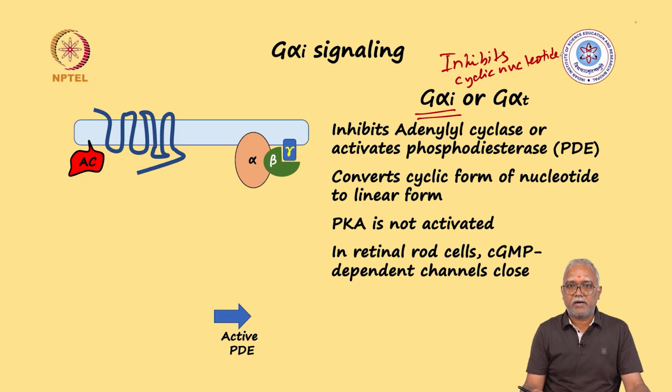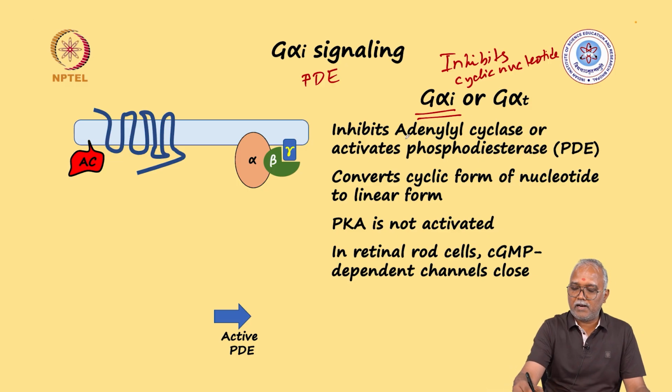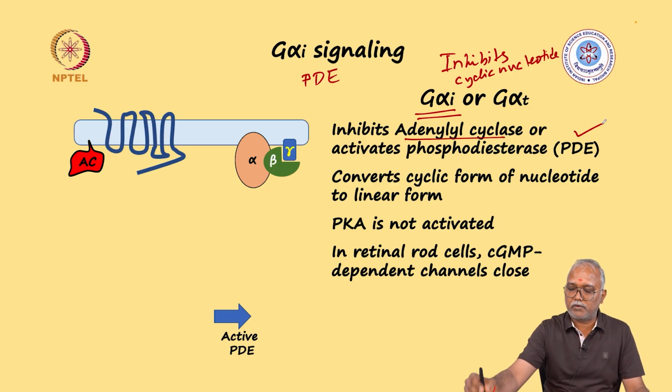This can be done by inhibiting adenylyl cyclase, or it can be done by activating an enzyme called phosphodiesterase. So it can inhibit adenylyl cyclase or it can activate phosphodiesterase.